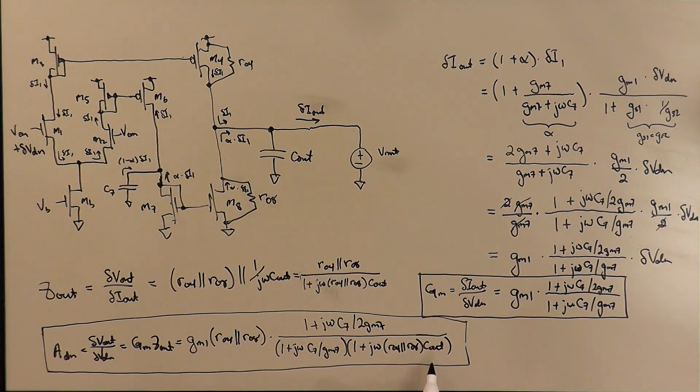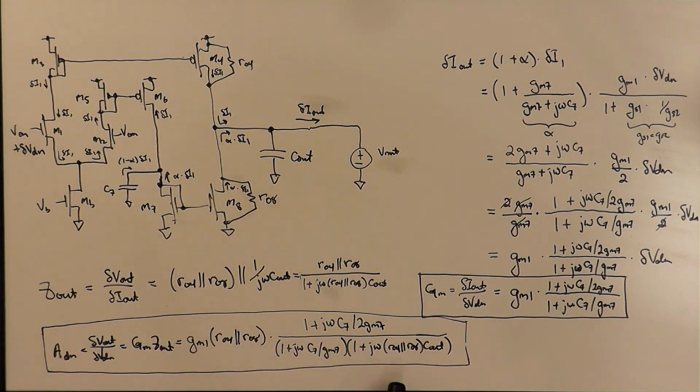It's a time constant, right? And C7 over GM7 and C7 over 2 GM7 are both also RC products. It's a C over G, which is the same as an RC, right? If I divide by conductance, that's the same as multiplying by the reciprocal of it, which would be a resistance. And so these are all going to be time constants.